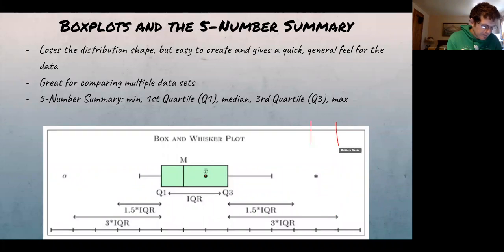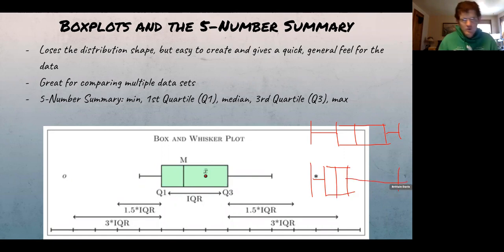So maybe I gave you this box plot and this one. If I gave you those 2 to compare, you could quickly see the differences between them. Now we haven't talked about the numbers on here yet.